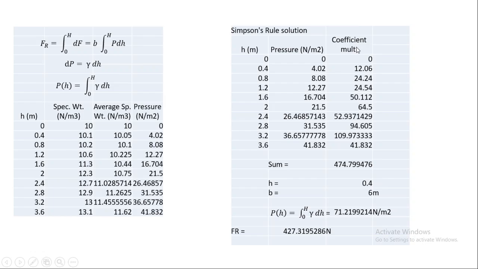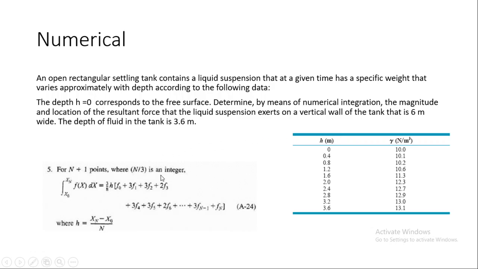I multiply them with the coefficients in such a manner: 1, 3, 3, 2, 3, 3, 2, 3, 3, 2, as it was mentioned here, that the f naught value will be multiplied with coefficient 1, then we have a series of 3, 3, 2, 3, 3, 2, 3, 3, 2, and end with 1.